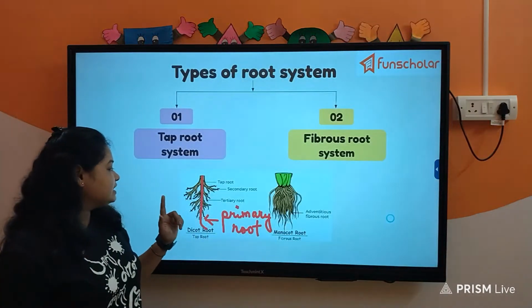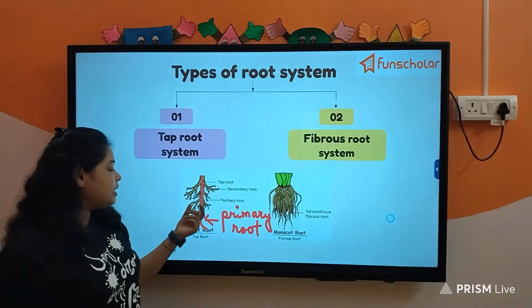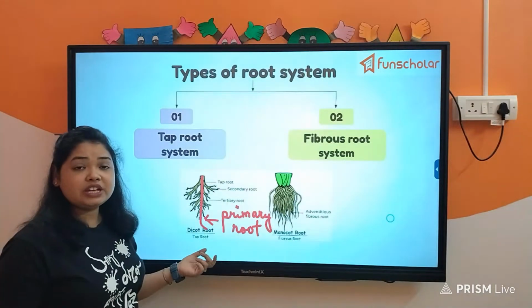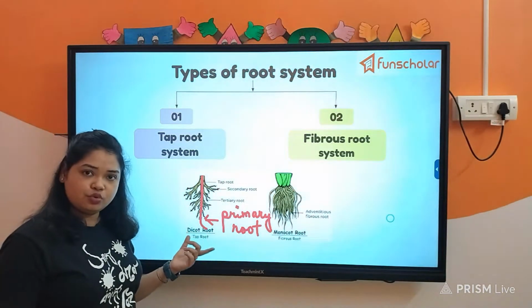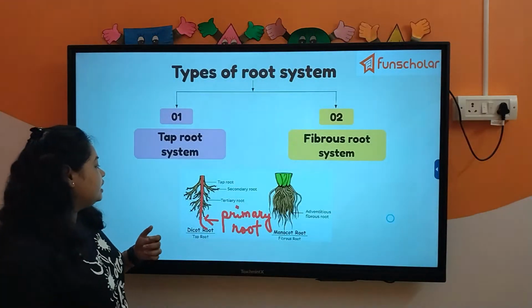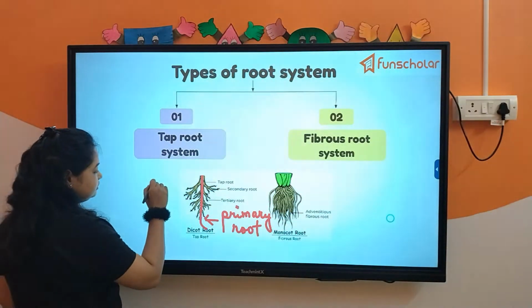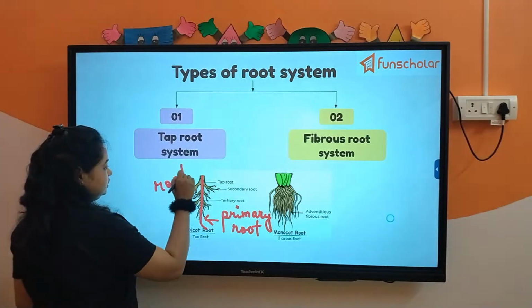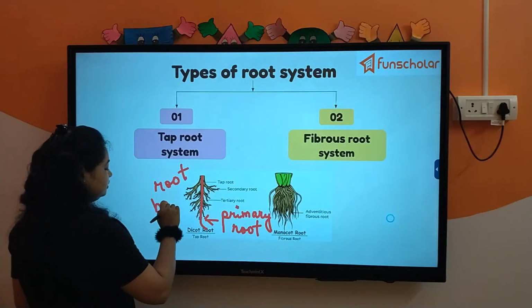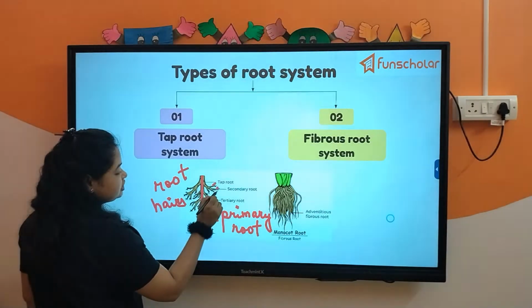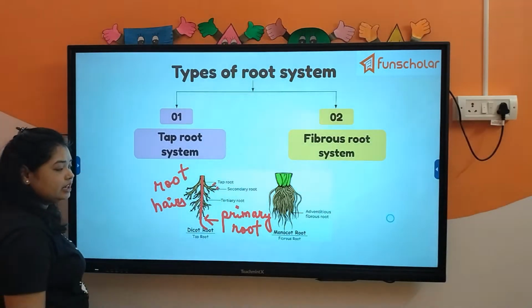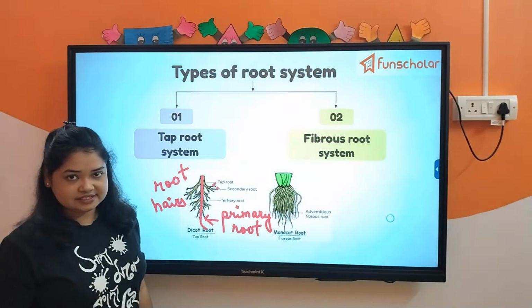Okay, but as such, it consists of a main root system in which you can clearly identify the primary root, and also it will bear the root hairs. The small spine-like structures you can see in the picture, these are the root hairs.